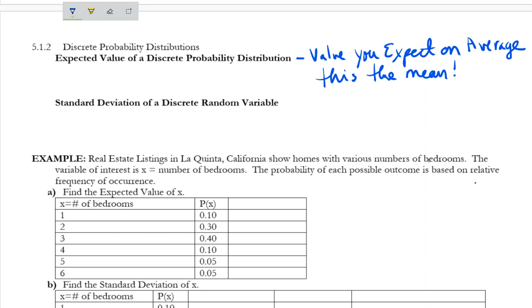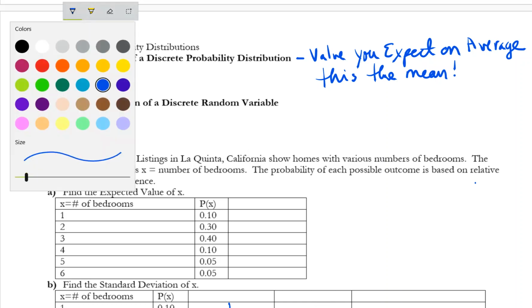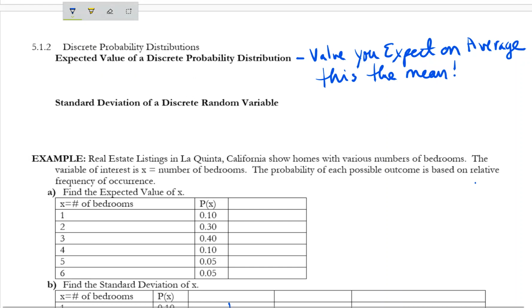I'm going to make my pen a little thinner because I'm worried this is going to be too thick when I write it. There we go. So we write this as the mean is the expected value of the variable x, which is the same as the sum, that's supposed to be a sum sign, of the product of the values for x times their probability.